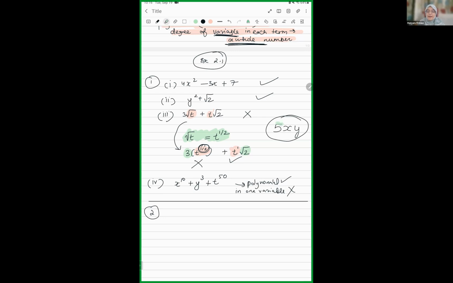So it will be 5y. The coefficient of x will be 5y. If I am asking you what is the coefficient of x in minus 2x squared, what will it be? -2.